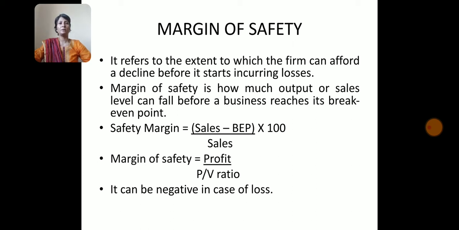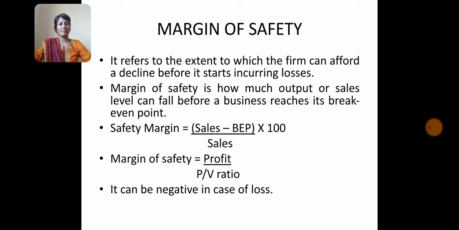For example, if the firm is earning profit at the level of 150 units of output and sales achieved is 250 units, the safety margin can be found out by using this formula.